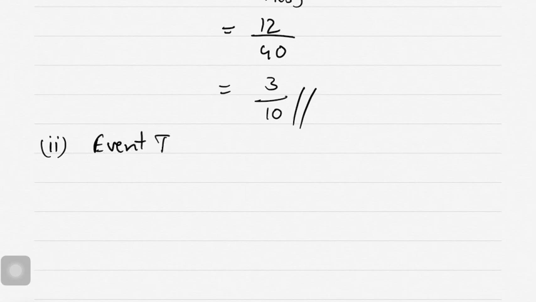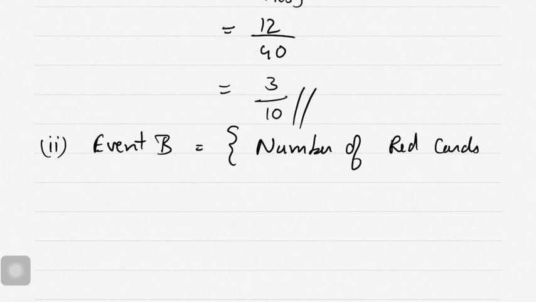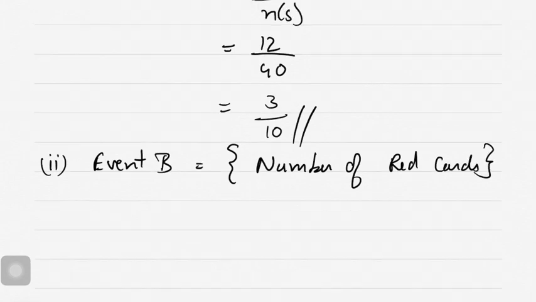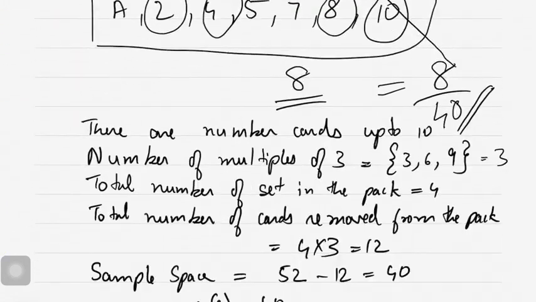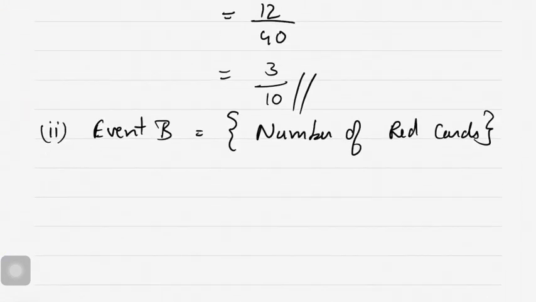Okay, now event B. Event B is number of red cards, right? Let's check. Yeah, red cards.